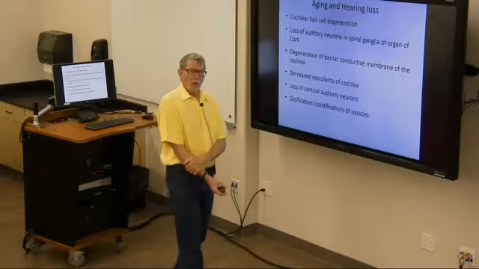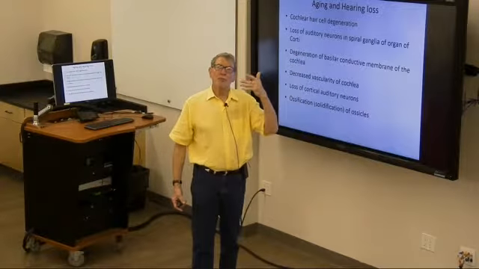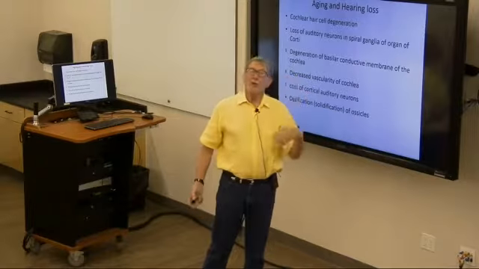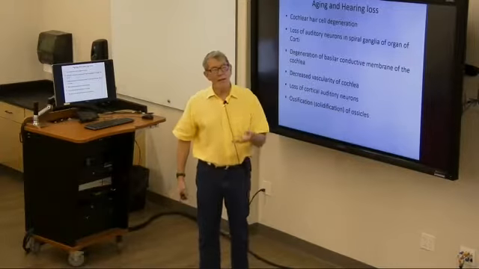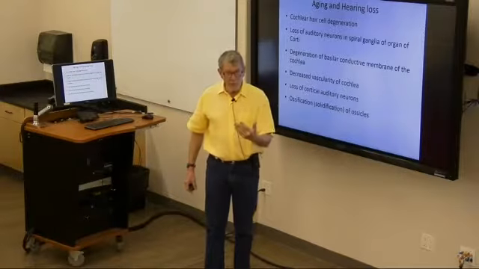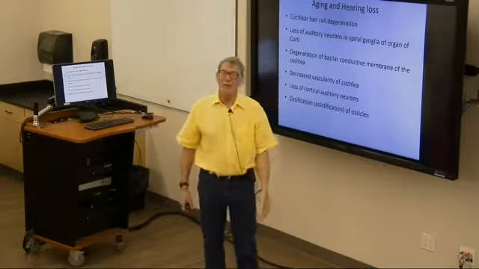Old people primarily get so they can't hear high frequencies, the fine, fast movements. They can hear the lower stuff reasonably well. So if you're talking to an old person who can't hear you, don't raise the pitch of your voice. Keep it low, keep it loud, keep it clear, and they'll hear you better.